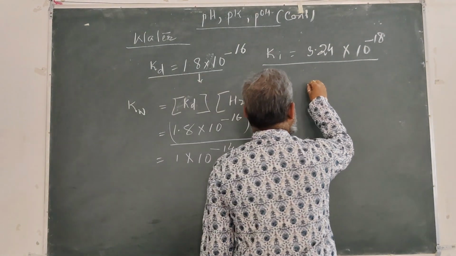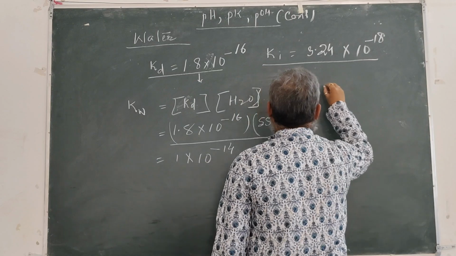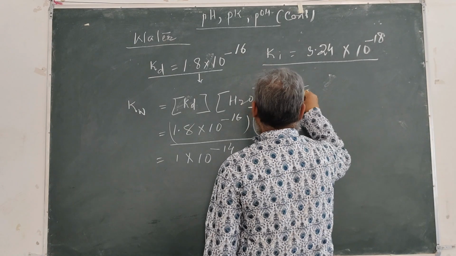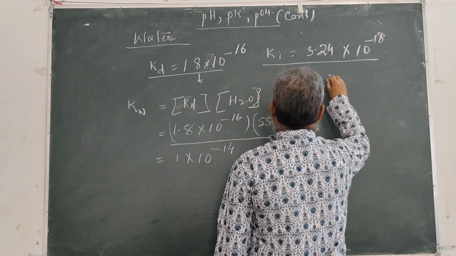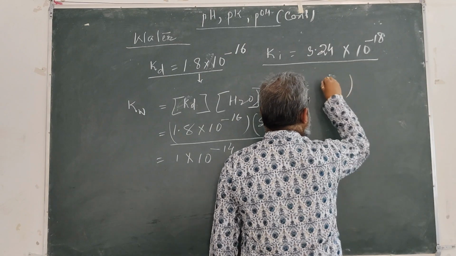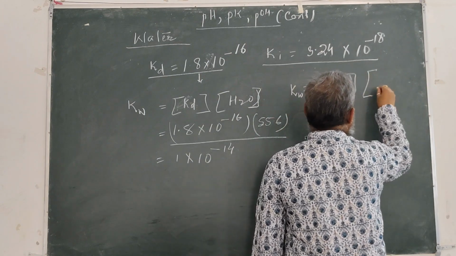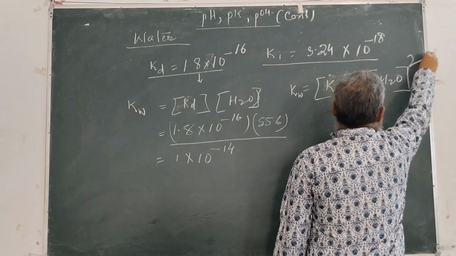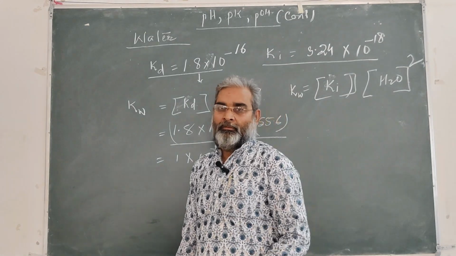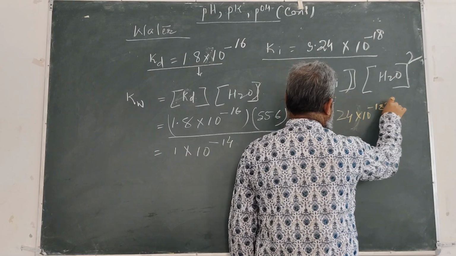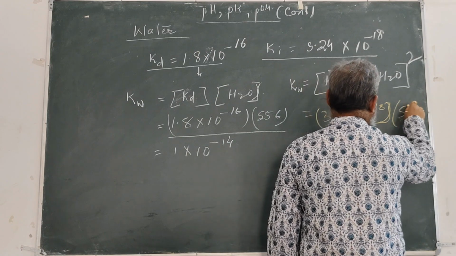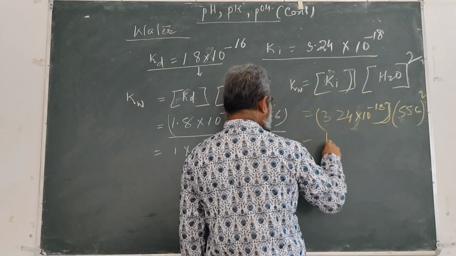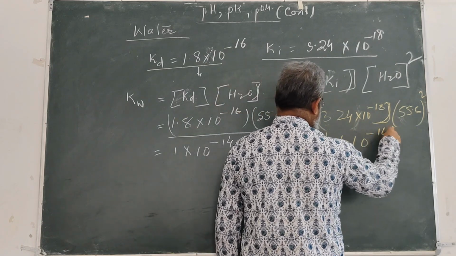Likewise, if you calculate by this way, that is Ki, H2O square, 10 minus 18 multiplied by 55.6 square, it again comes to 10 power minus 14.